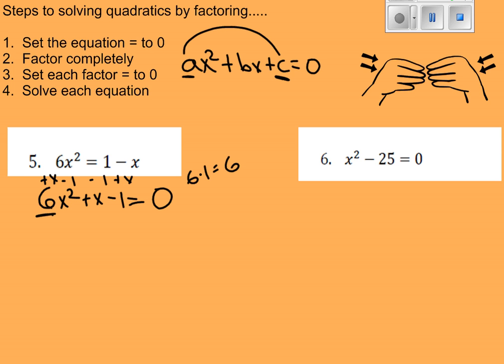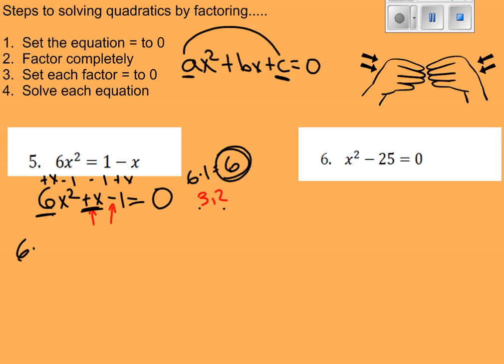So now I want factors of 6 that subtract to get 1. So what multiplies to 6 and subtracts to get 1? Well, 3 and 2. So now here's the tough part. I want to rewrite that middle term. I want to rewrite positive x using 3 and 2.